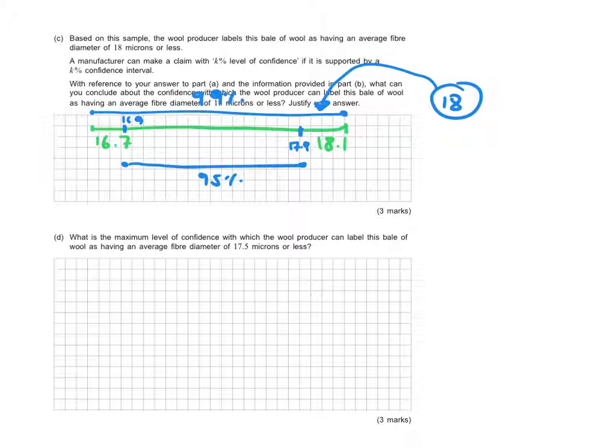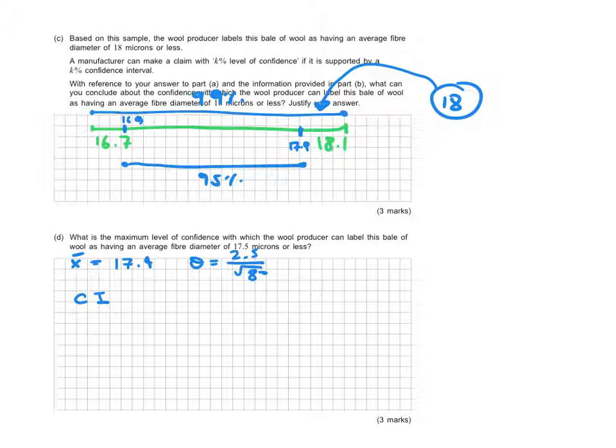If you're going to go with trial and error, you do have x bar 17.4 as the sample mean, and the standard deviation of the sample mean is 2.5 over the square root of 80.